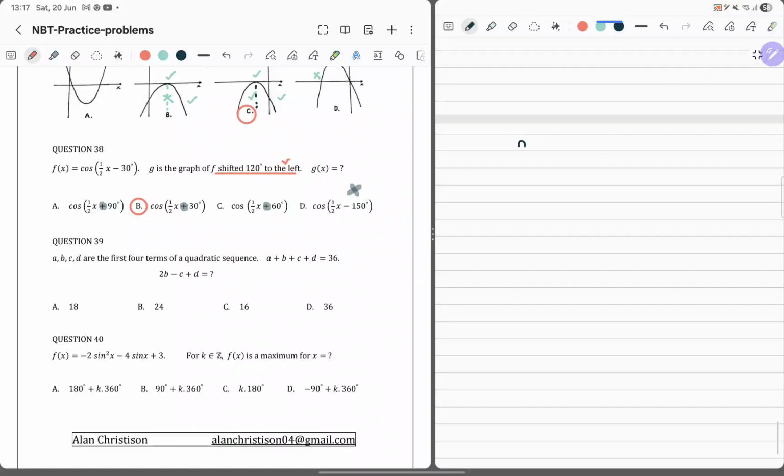So question 39. Okay, guys, question 39 says, A, B, C, D are the first four terms of a quadratic sequence.